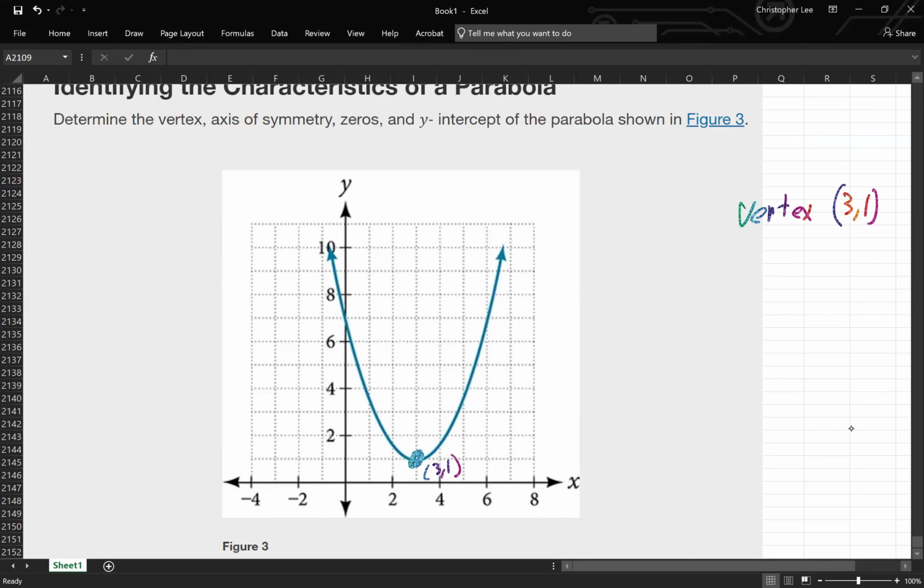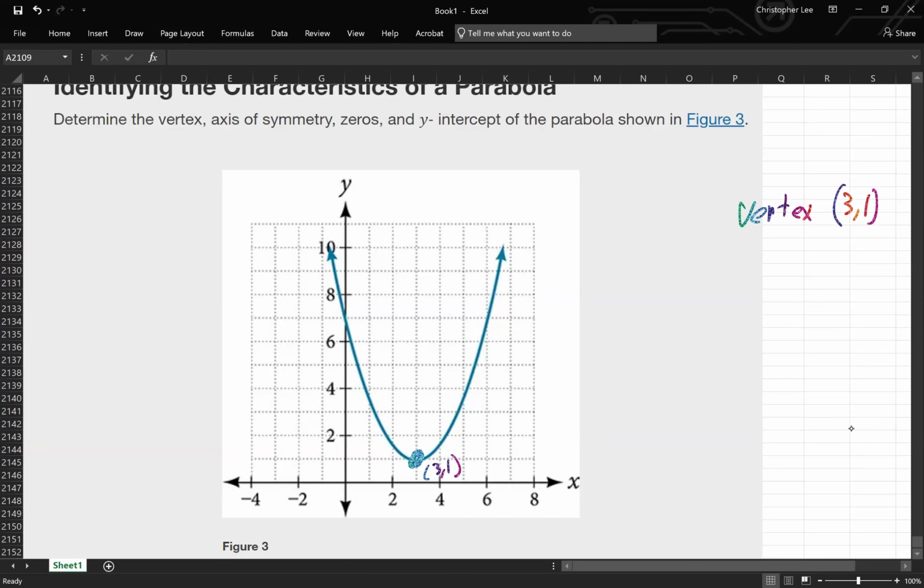We have no x-intercepts. There is an answer for this. You can get this by completing the square or by the quadratic formula, to get what the x-intercepts would be. They would be imaginary because it's lifted up like that.